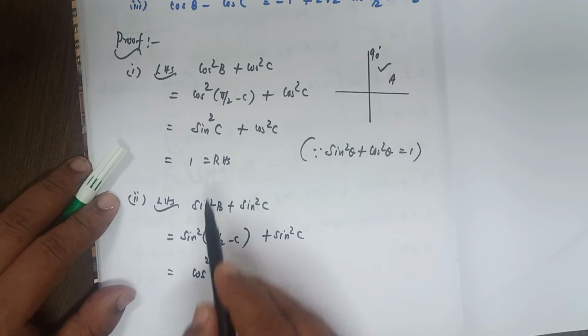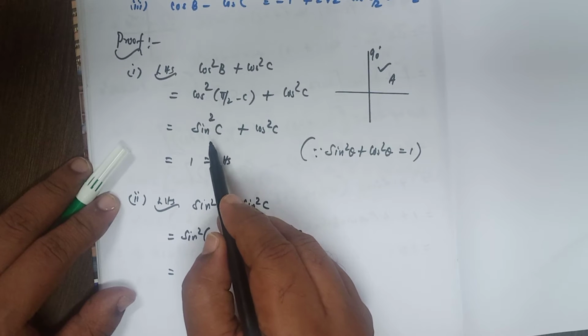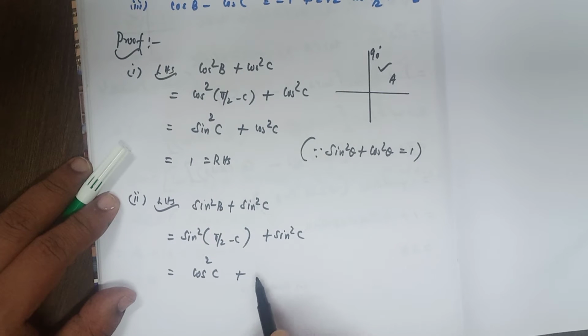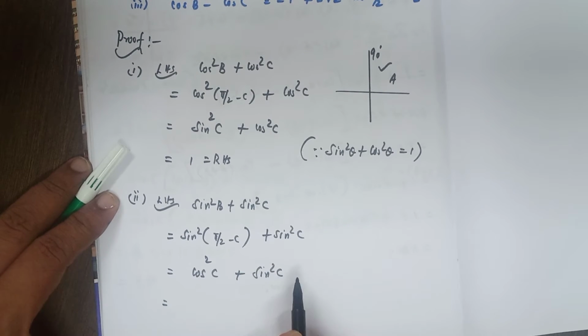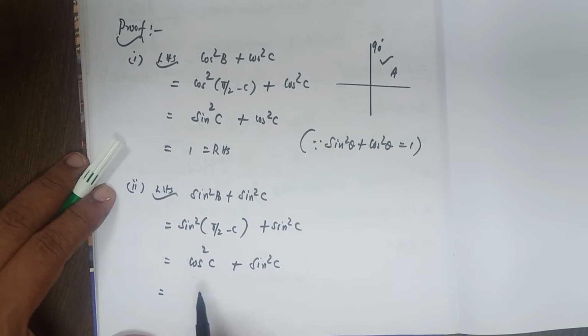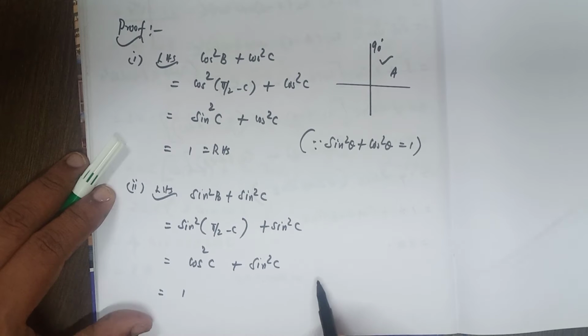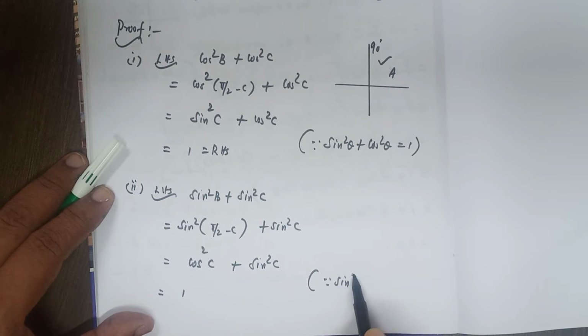Positive square is positive, plus sin squared C as it is, that is sin squared theta plus cos squared theta, you know very well that is equal to 1. Write the reason, since sin squared theta plus cos squared theta is equal to 1.